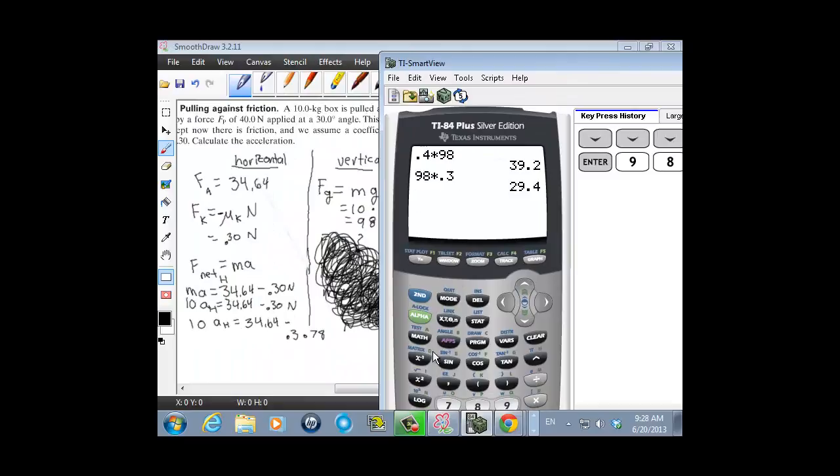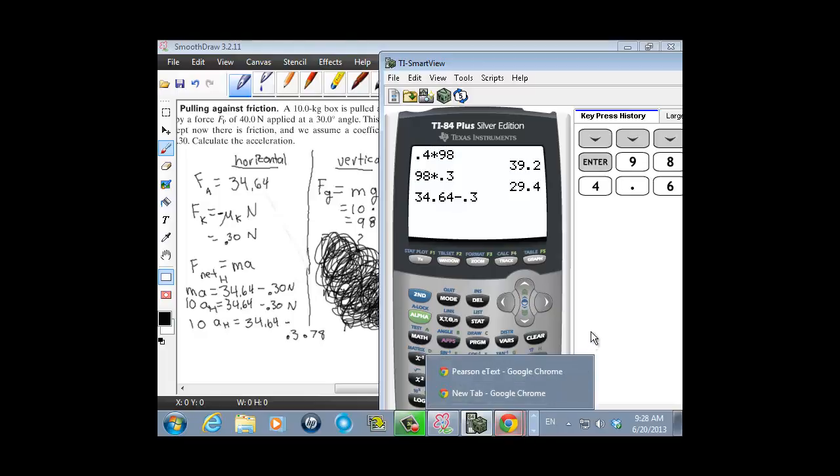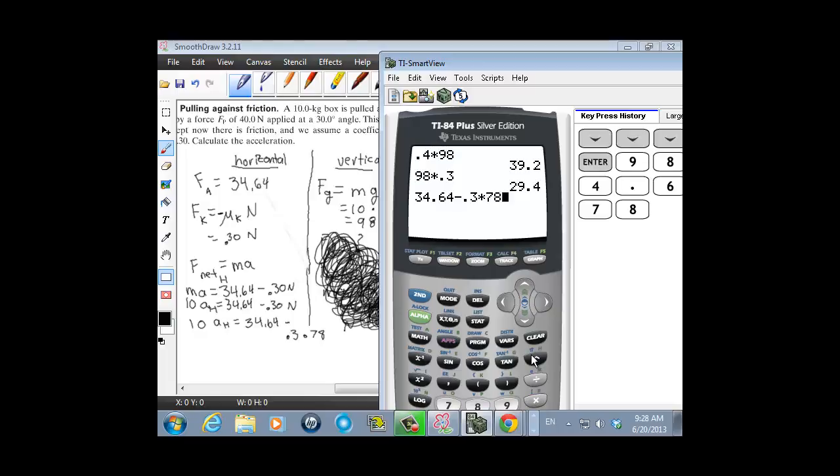So we have 34.64 minus 0.3 times, what was it, 78? Yes. Times 78 equals, and then divide that by 10.